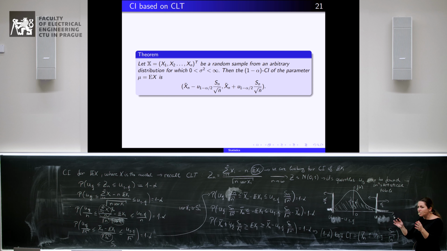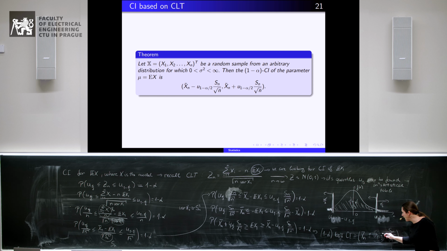It is as narrower as the number of the data is larger, because when we have more data, of course the interval is narrow, and when we have less data, it must be wider because there are more possibilities for the expected value to be farther from the sample mean.